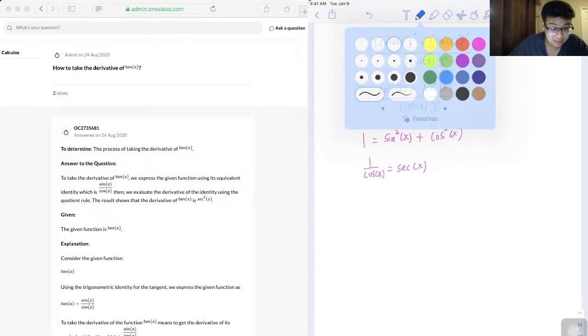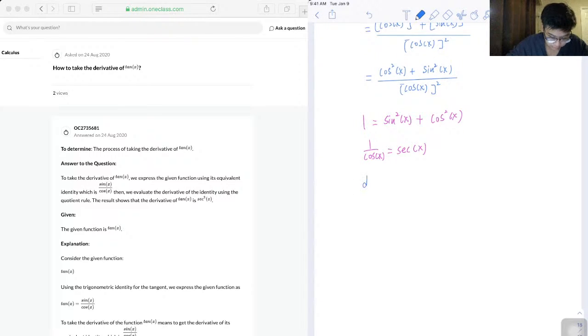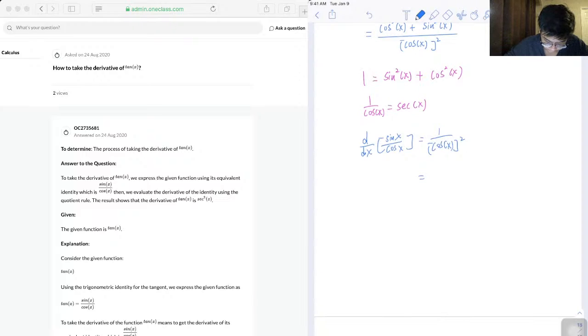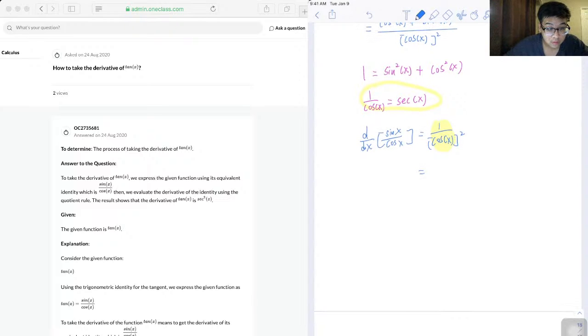By substituting this, we get the derivative d dx of sine x over cosine x is equal to 1 over cosine x squared, which means we just need to substitute this part by secant x, which is just equal to secant x squared.